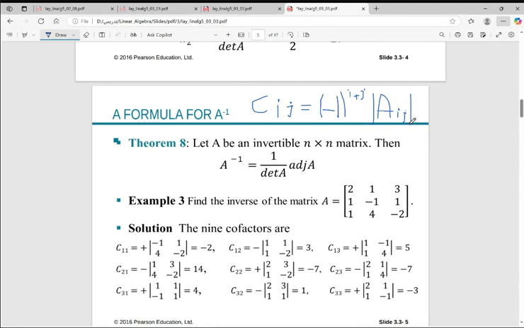So Aij means removing row i and column j from A.